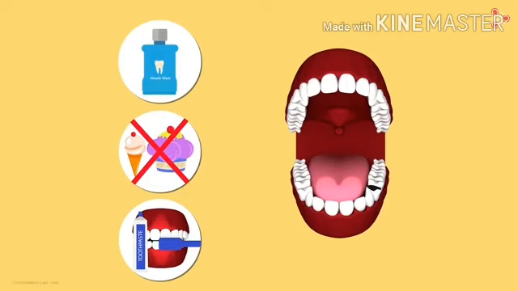So it's mandatory that we brush our teeth properly twice a day with a toothpaste which contains a slight amount of basic substance, so it will neutralize the excess acid produced in our teeth and will also prevent tooth decay.